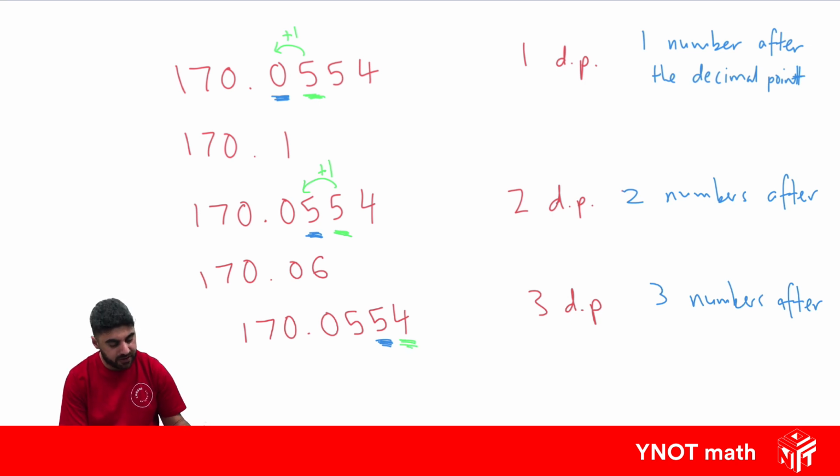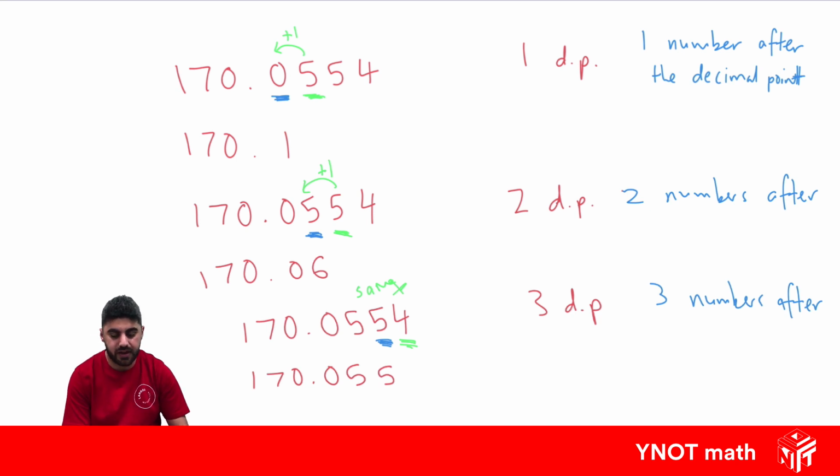If the number after that is 5 or higher, we increase the previous number by 1, but if not, it stays the same. So because it's not, this number is actually going to stay the same. So we get 170.055, and we get rid of everything else after that.